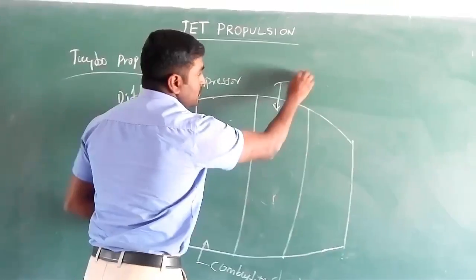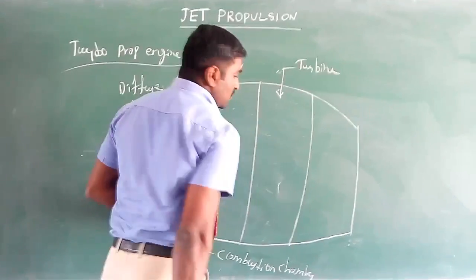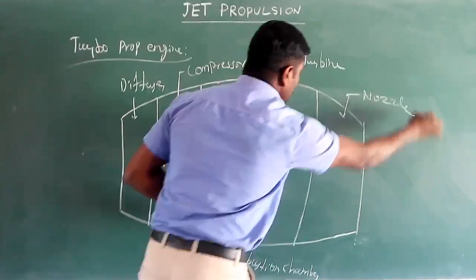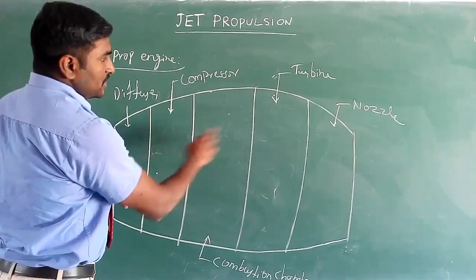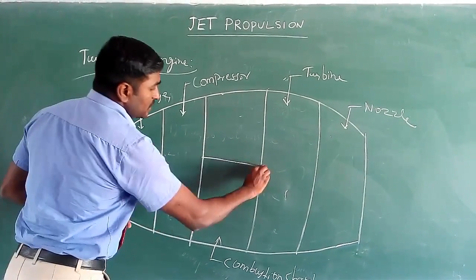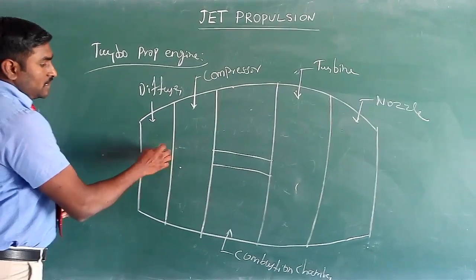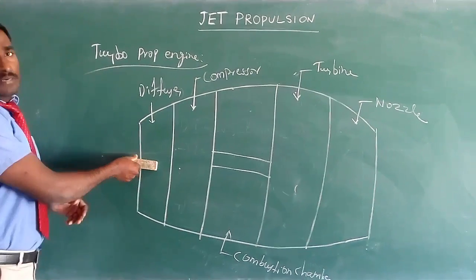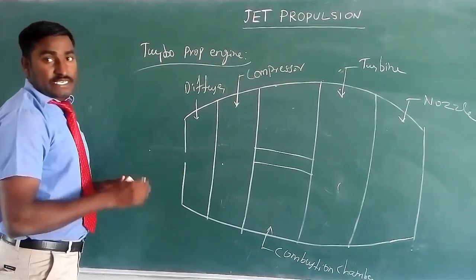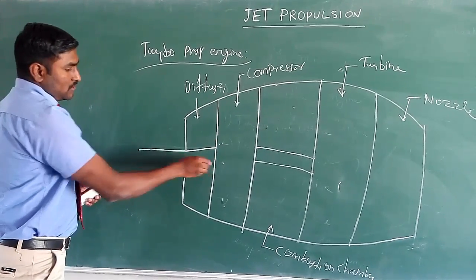This part is called the turbine. This one is the nozzle. The compressor and turbine are connected through a shaft. Then, since this is a turbo propeller engine, we want to give a propeller. The propeller shaft is connected up to the turbine with the compressor.